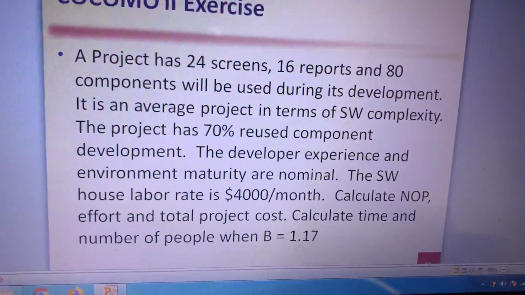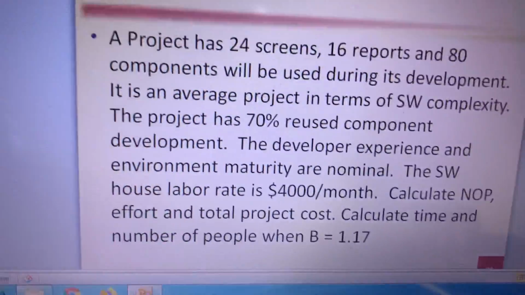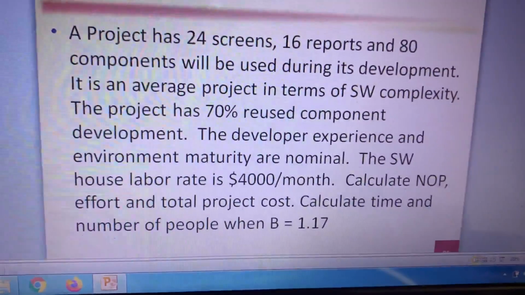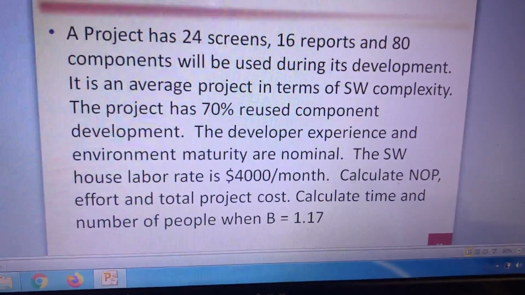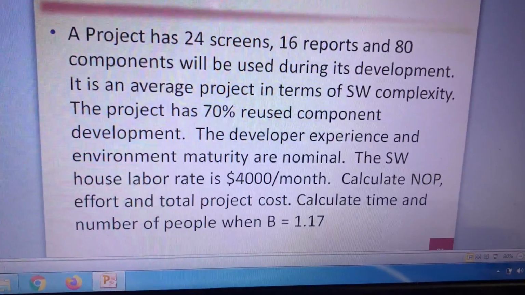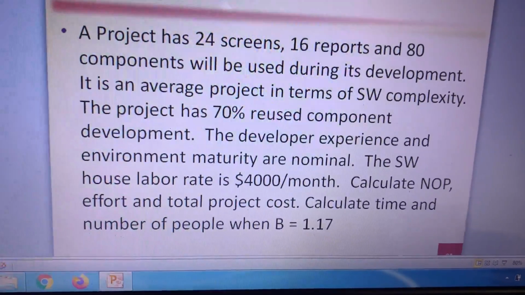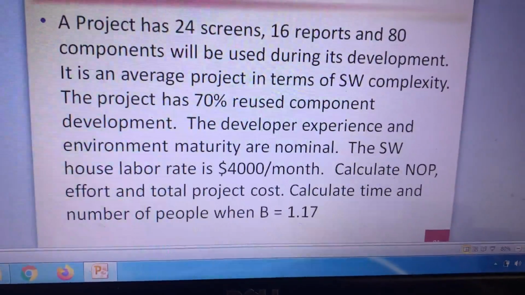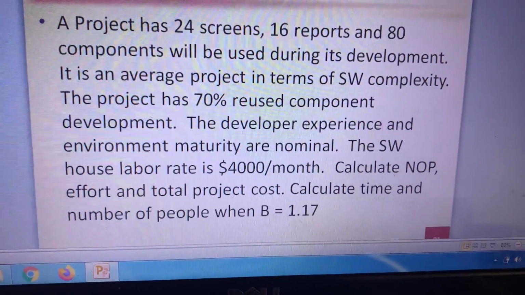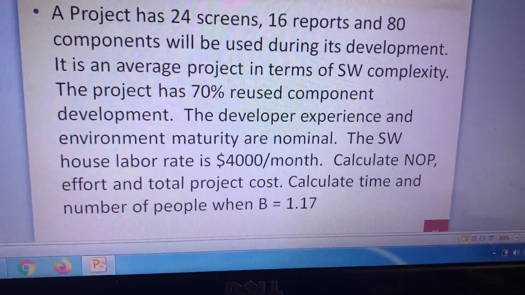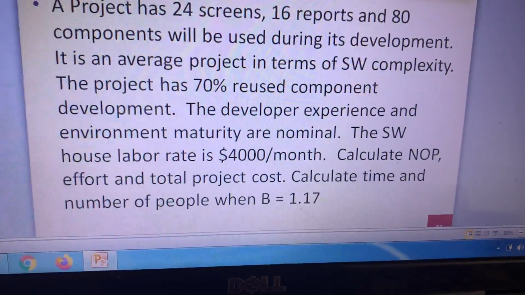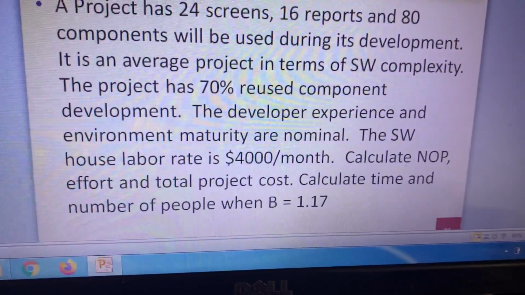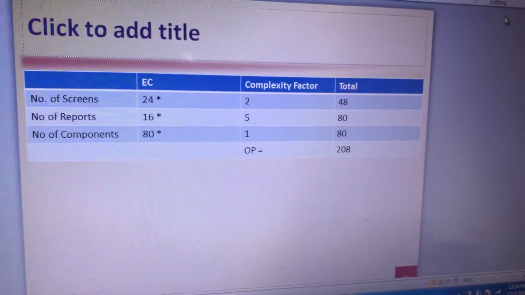As you can see, EC is for screens 24, for reports 16, for components 80, and the reuse is 70, and developer experience and environment maturity are nominal. Labor rate is $4,000 per month. Calculate NOP, effort, project cost, time, and team size. So B is 1.17.